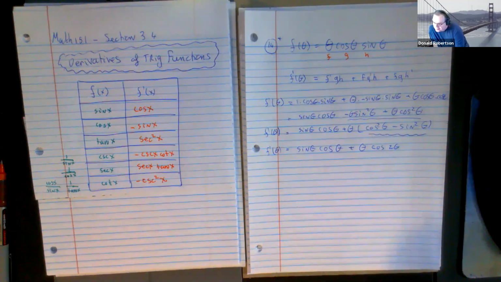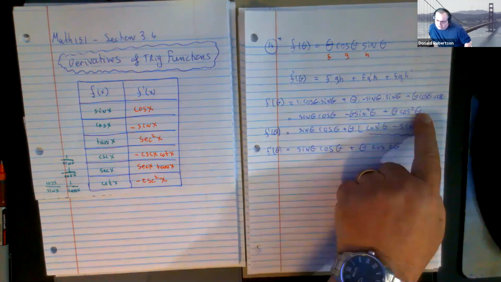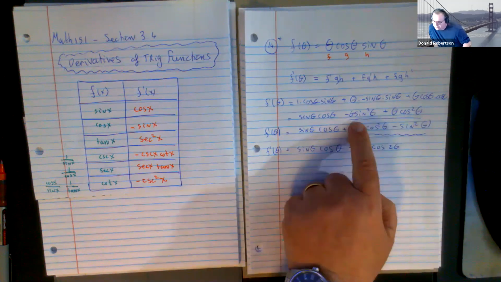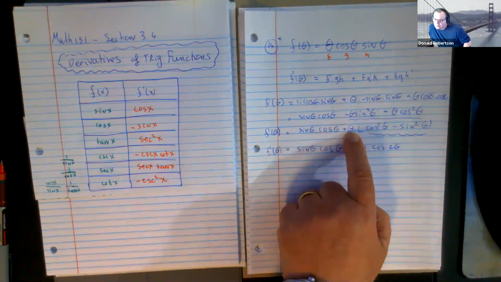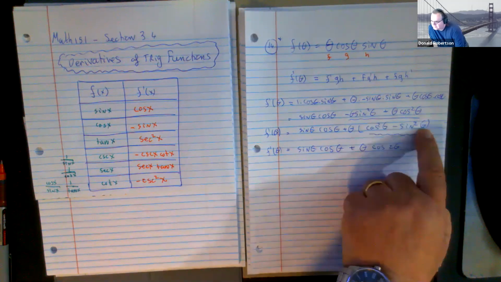Chances are there isn't. But just be suspicious and say, if there was one, where would it be hiding? Well, I know I can't pull a common factor out of all 3 of them, but these 2 guys look kind of similar. I wonder if I pull out a common factor theta and see what's left. Oh, I've seen this guy before. Bingo.